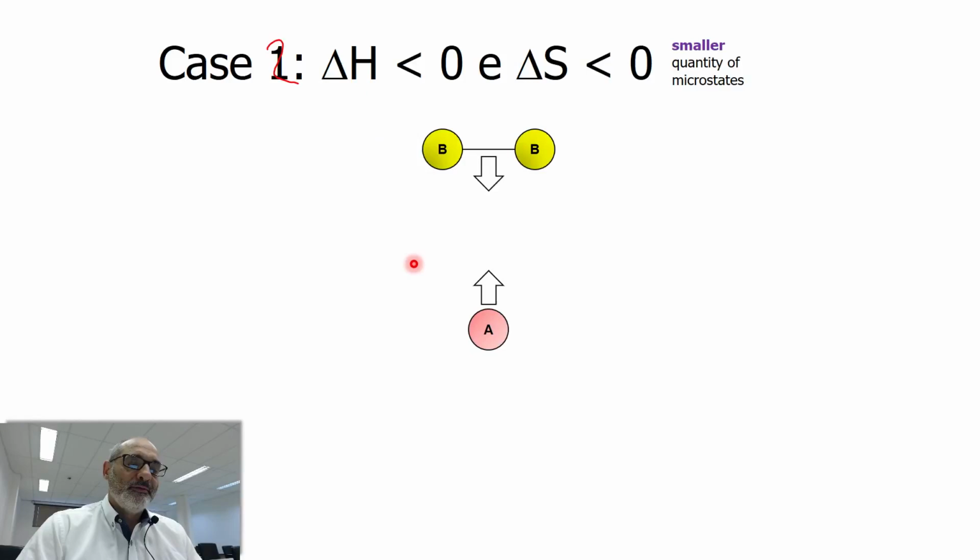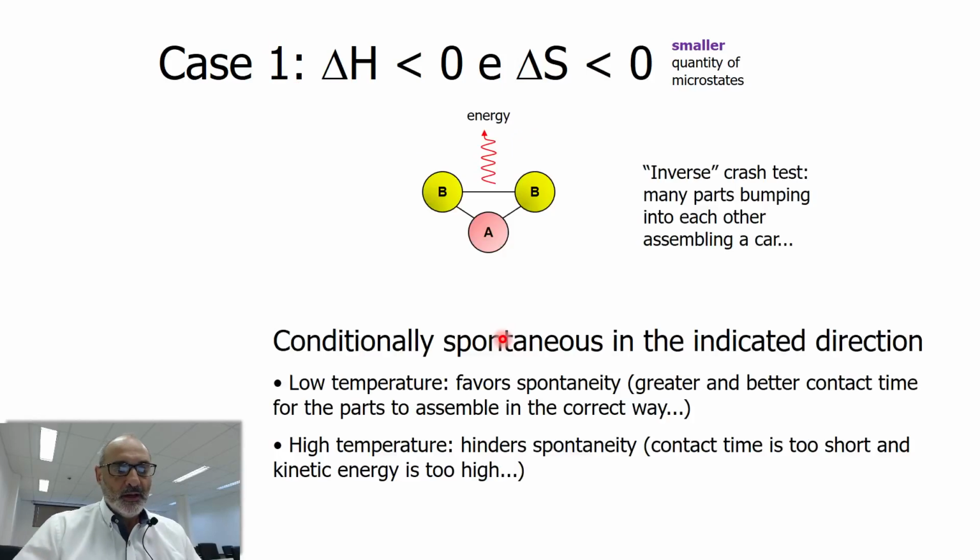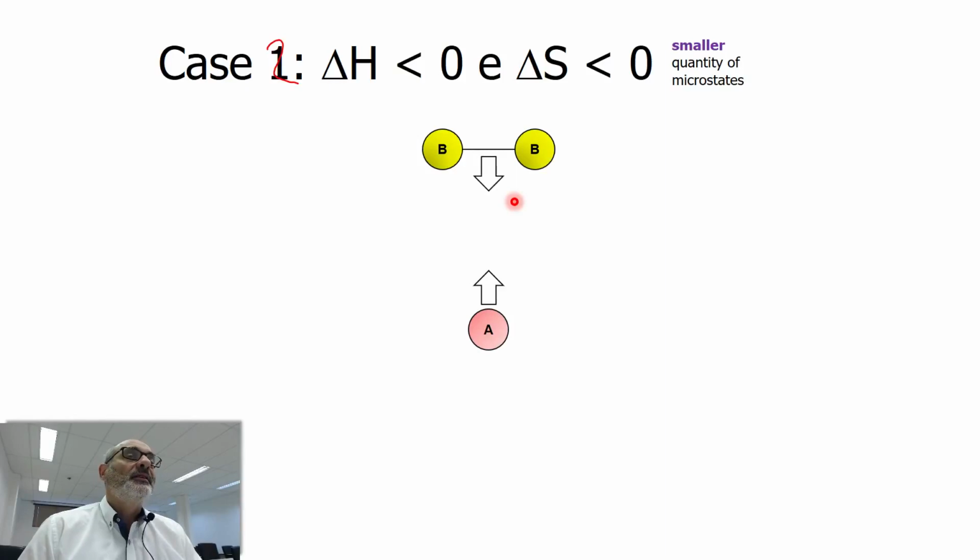We have now two molecules, B, bumping into a molecule of A, and it's forming a single molecule, ABB, and releasing energy.